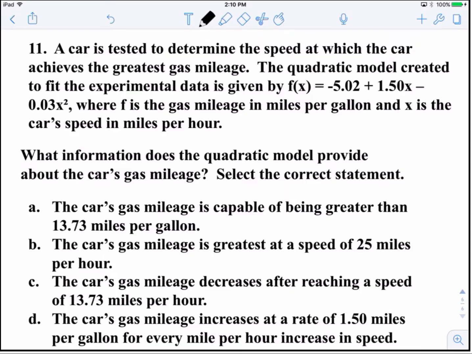What information does the quadratic model provide about the car's gas mileage? Select the correct statement.